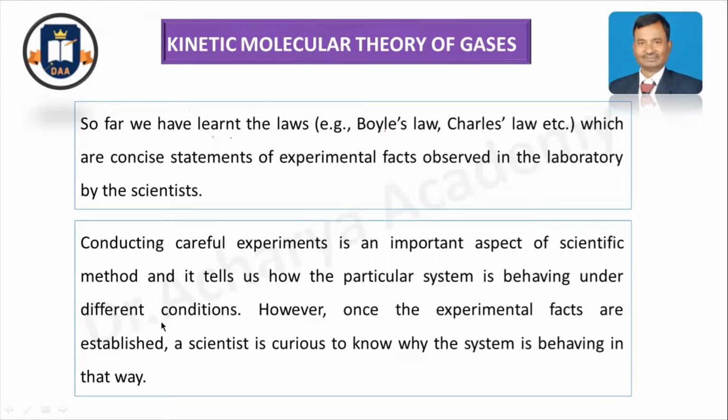Now, this experimental fact is already established, so the scientists want to know why the system is behaving in that way. Whatever the experimental findings we have, on that basis Boyle's law and Charles' law are established. But what is the system behind it so that the gas follows Boyle's law and Charles' law?